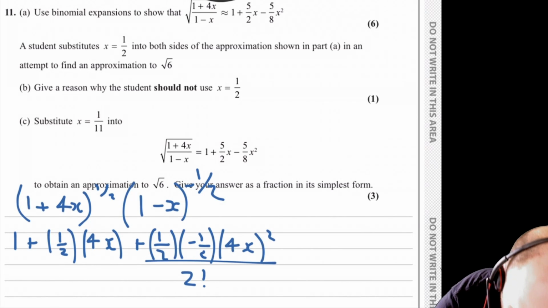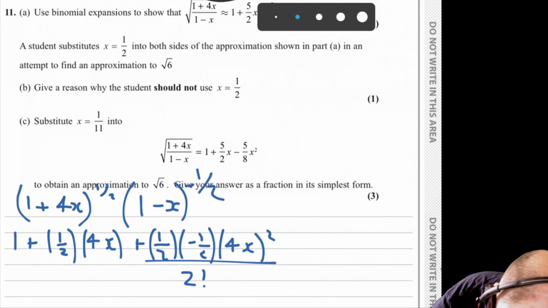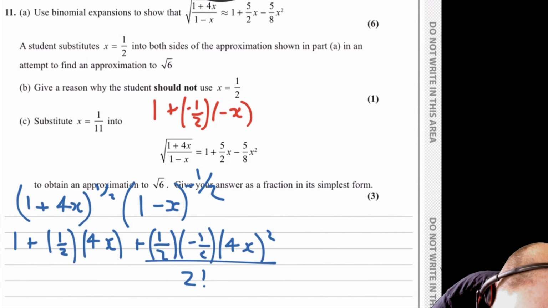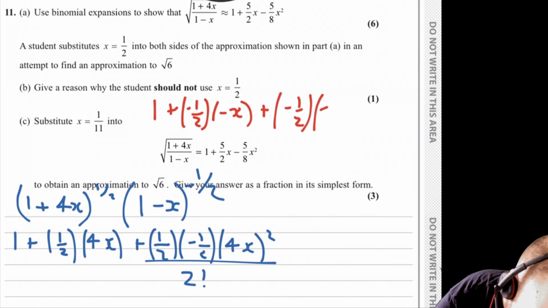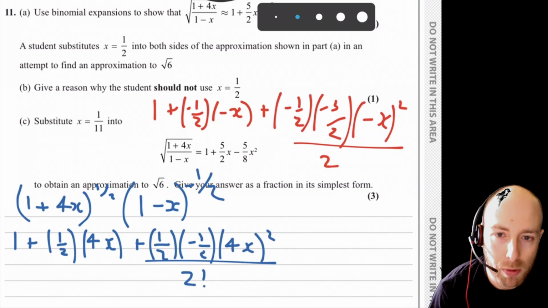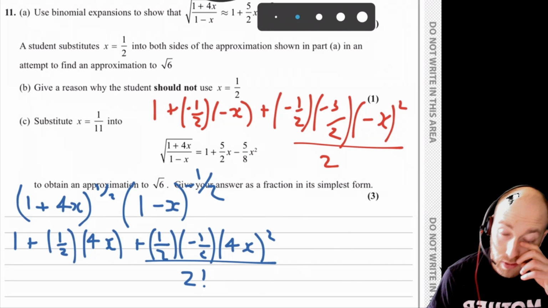The second one is going to be 1 plus minus a half times minus x, plus minus a half times minus 3 over 2 times minus x squared over 2. So let's work out what both these things are, times them together, and then we should be done.